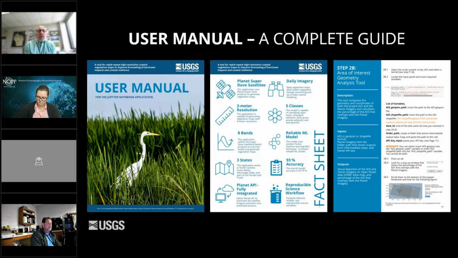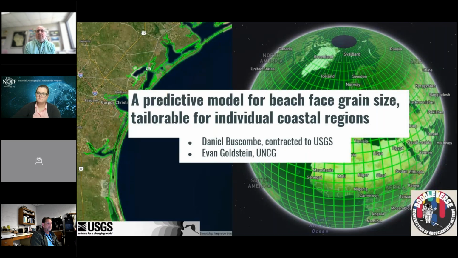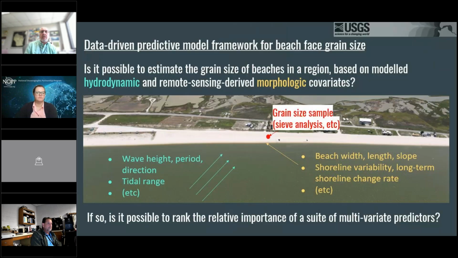Last two things I'll go through quickly here. Another part of it is the land surface variables, which is sediments. This work's led by Dan Buscombe, part of our team. And this is the coastal sediments component of this. So the idea here is to be able to predict the sand grain size on the beach face or in the intertidal area. And that's being done with a very data-centric approach.